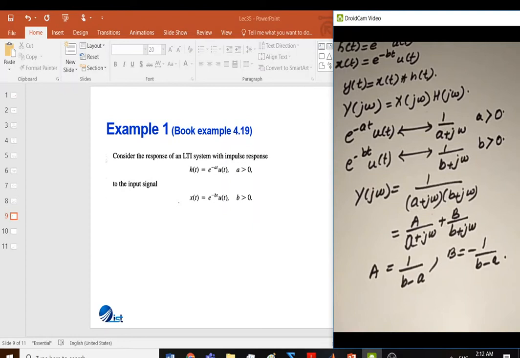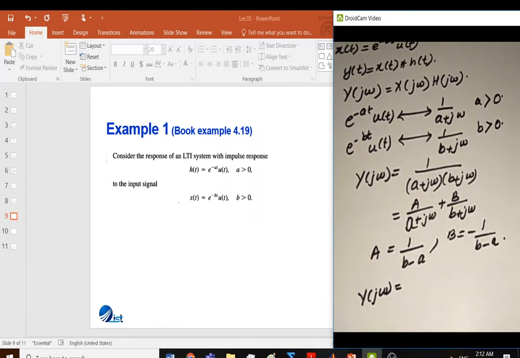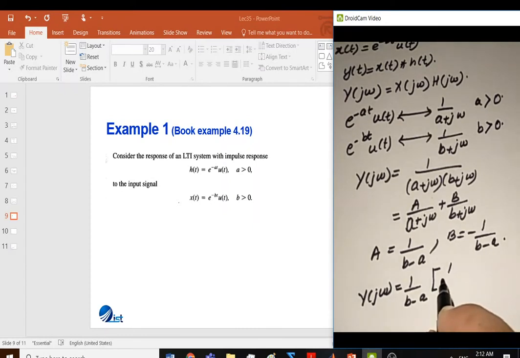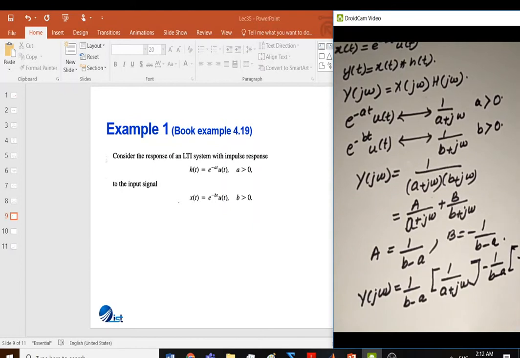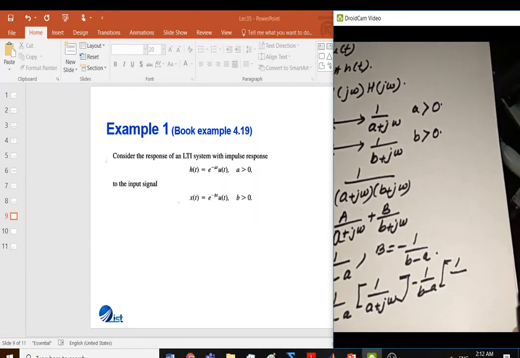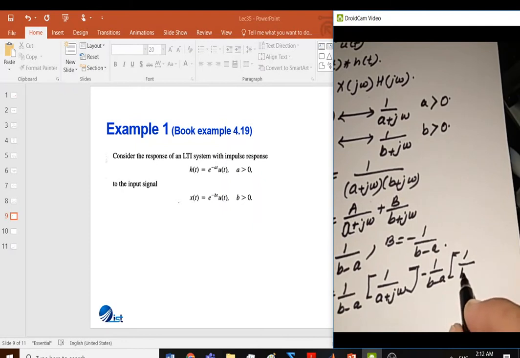So substituting the values of A and B in Y of j omega, we get Y of j omega is equal to 1 by b minus a into 1 by a plus j omega, minus 1 by b minus a for the B term, 1 by b plus j omega.